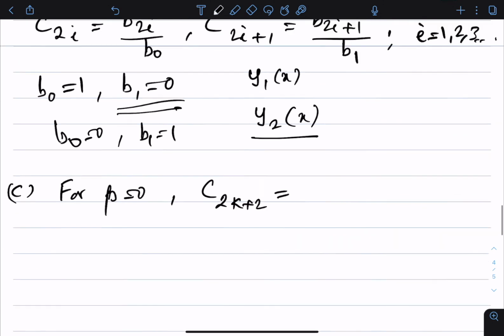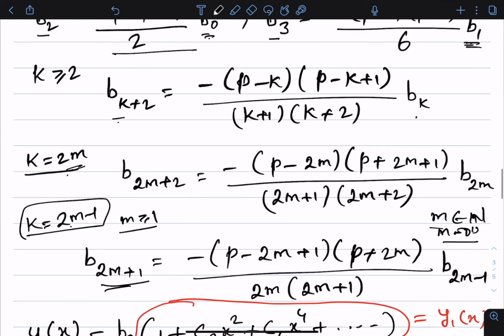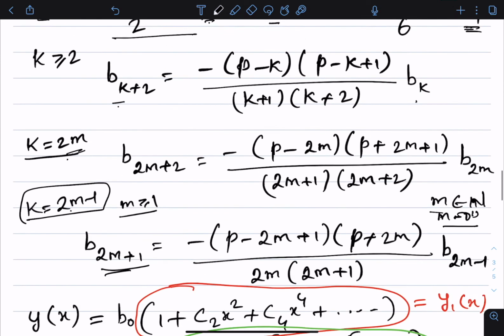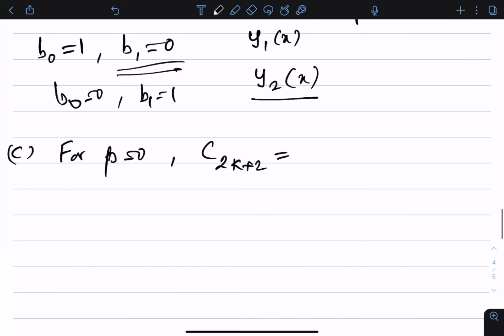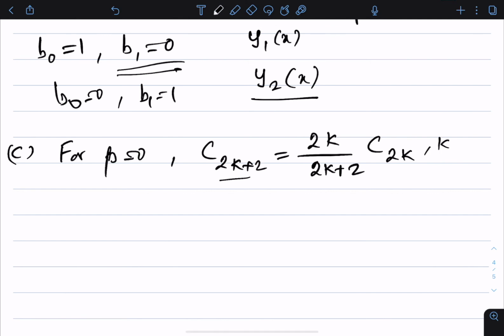So if you use that formula, you get this relation for C2k plus 2 in terms of C of 2k. So all the even indices were depending on the even ones, right? Now this is valid for all k from 0, 1, 2 and so on.